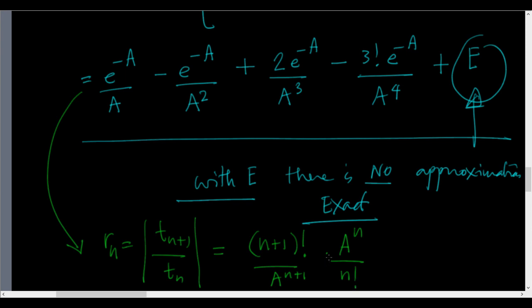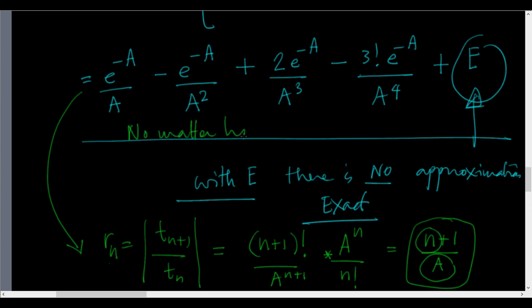Okay, that's what I have, and so this is equal to n plus 1 over a, and then it doesn't matter how big a is. If I take n going to infinity, Rn goes to infinity because n is in the numerator, and therefore this series diverges. Okay, no matter how big a is, this series diverges.